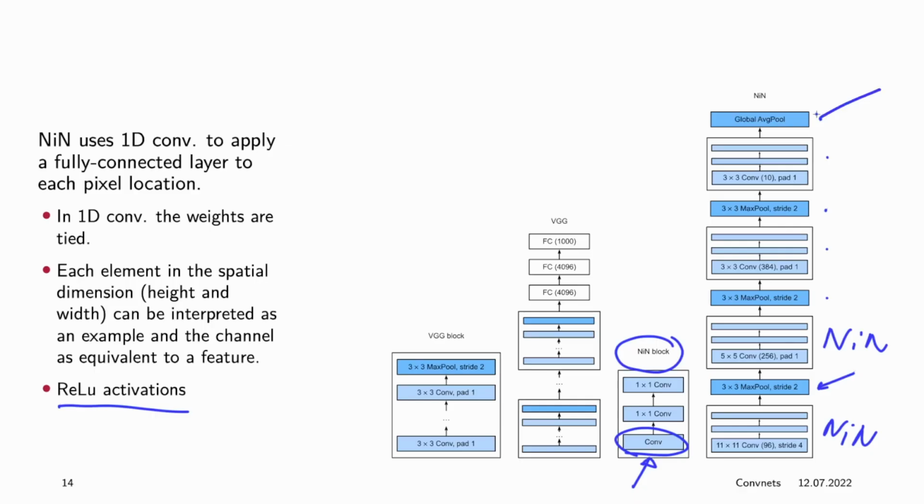In the end, instead of employing fully connected layers, the NIN uses a global average pool across the spatial dimensions, reducing the tensor that is height times width times number of channels to a vector of size equal to the number of channels. And this is then used for the classification purpose.